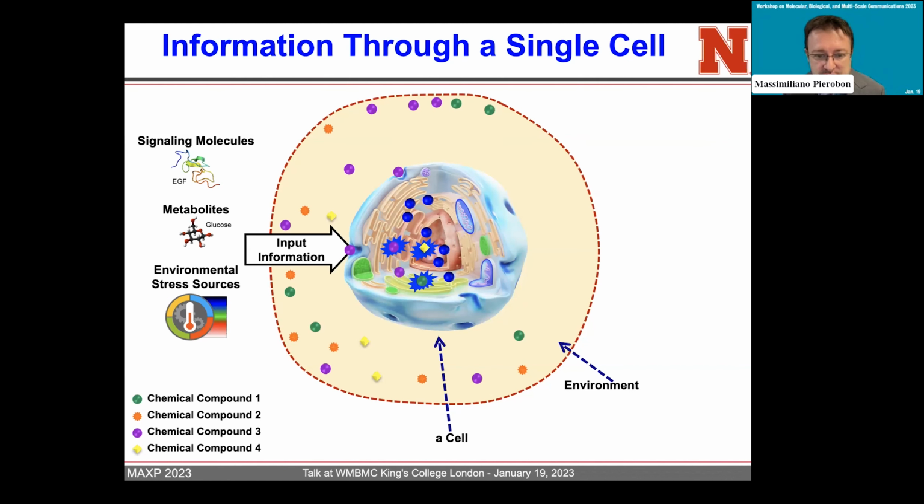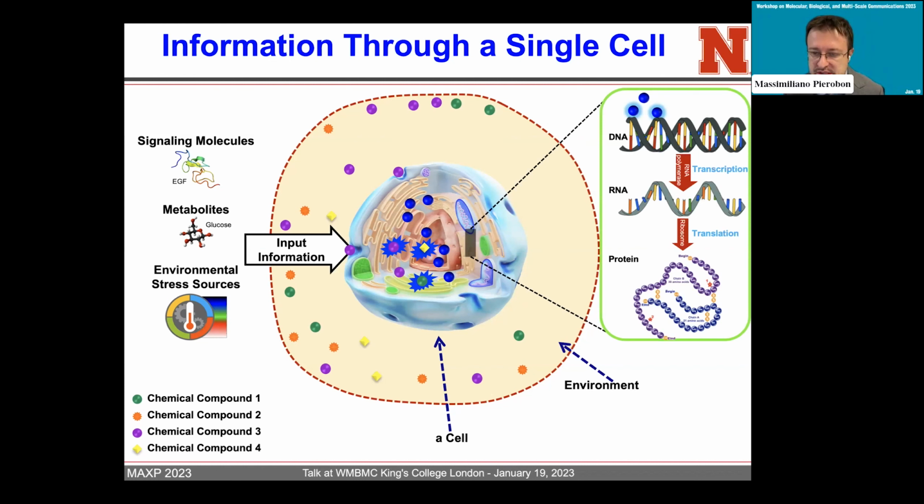All these stimuli elicit responses in cells, and many of them actually end up activating or deactivating DNA and its transcription and translation into the runtime information structure, which is the protein.